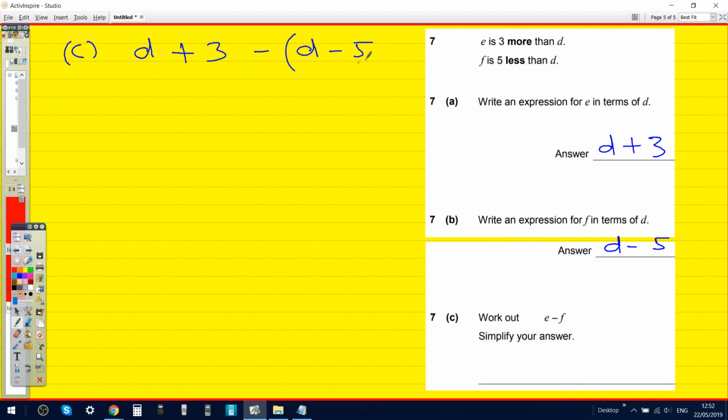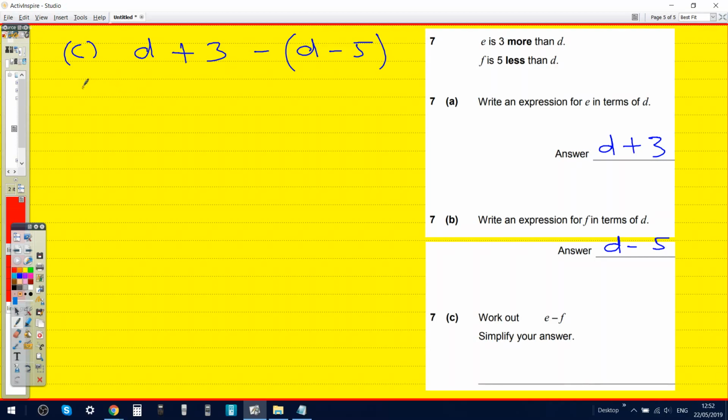Yes. Minus in between. So D take away D, which is just 0, it's nothing.